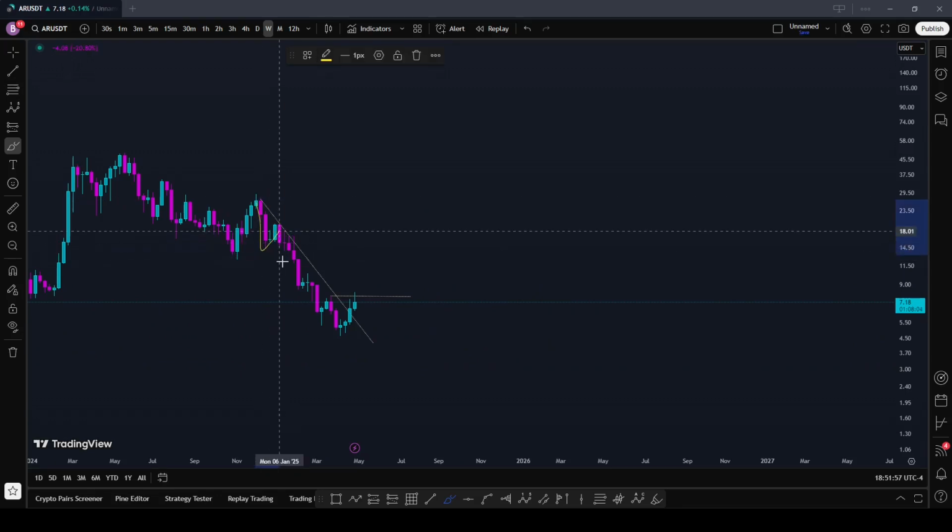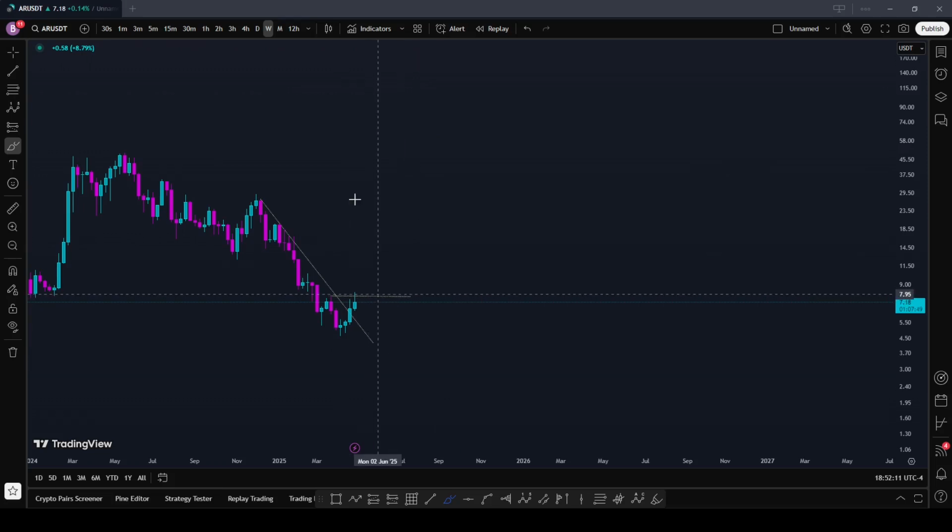It was always preventing price from being bullish, but currently the momentum has shifted. So what do you want to see? Key is you want a closure of candle here, but let us just look at the daily time frame quickly.